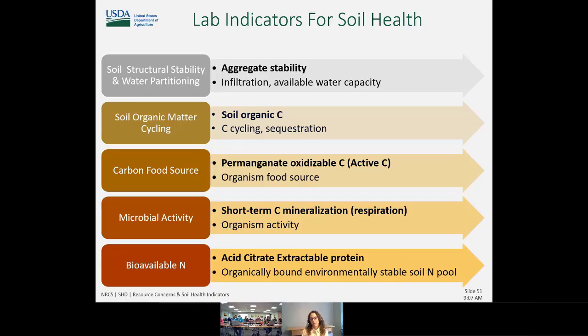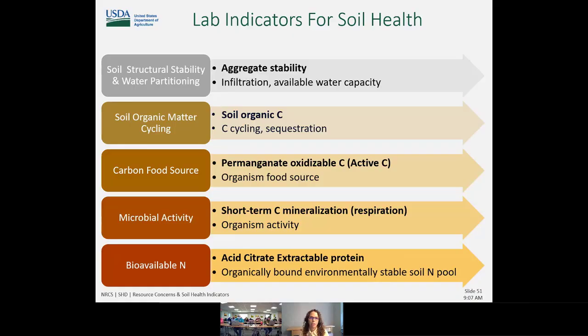So these 5 indicators are the basic suite of soil health indicators, and there's also the possibility of incorporating or focusing on a single indicator, and that might include any of these 5, but also could be PLFA, for example, that would measure microbial community structure, and enzymes, any type of enzyme analysis, which would measure specific microbial activities.